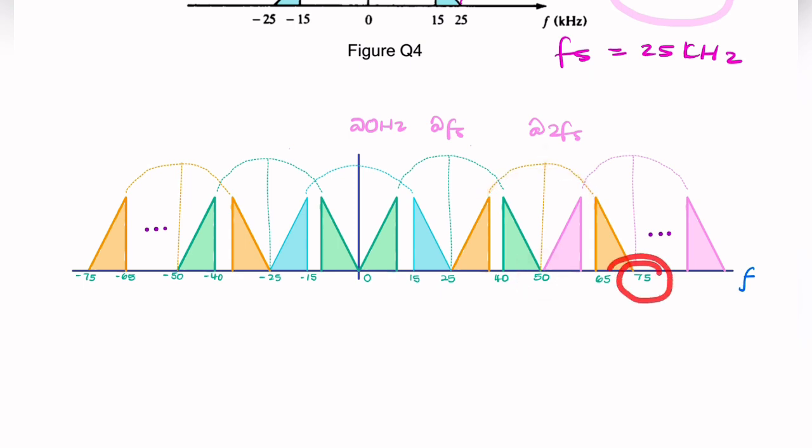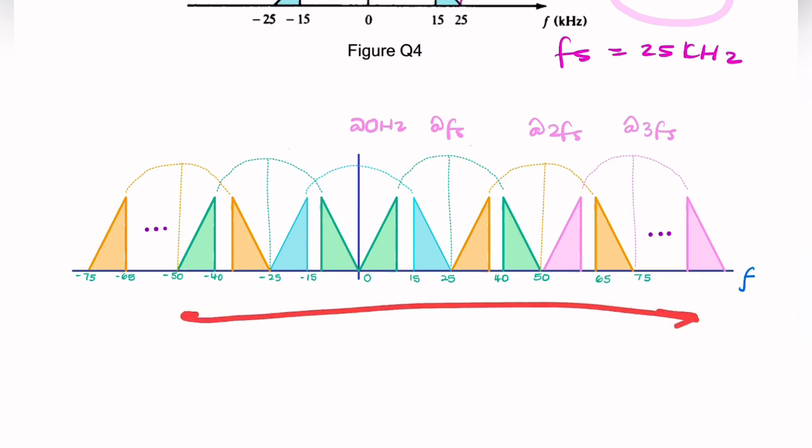And then we have a replica centered at 75, which is 3 times the sampling frequency, so at 3Fs. And we can do the same for the negative axis. So basically we have this repeating pattern. So this is what the frequency spectrum looks like.